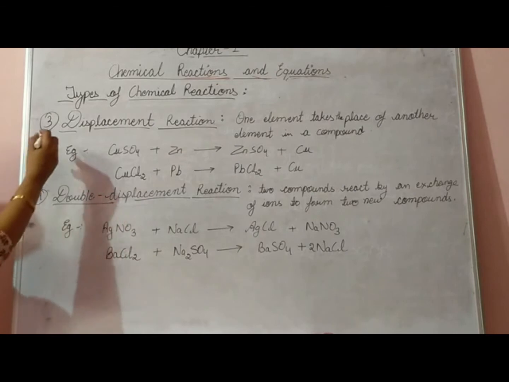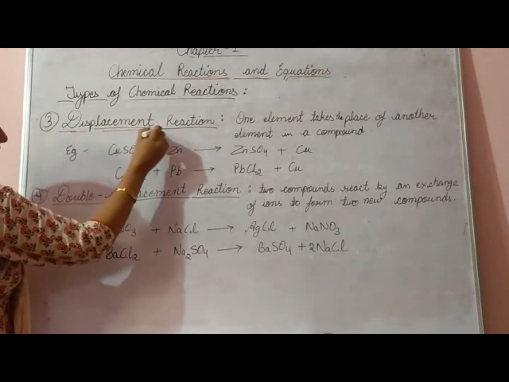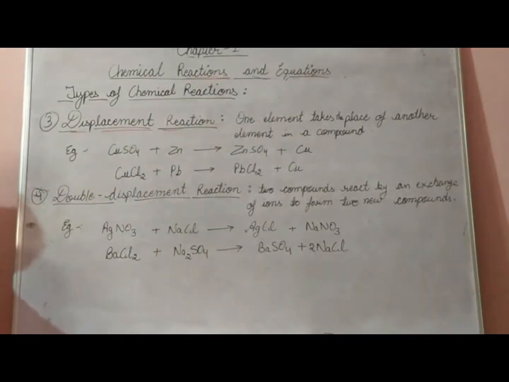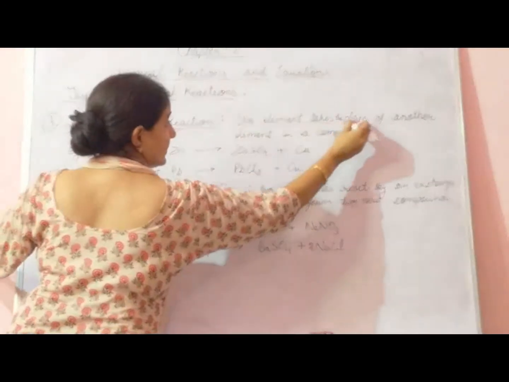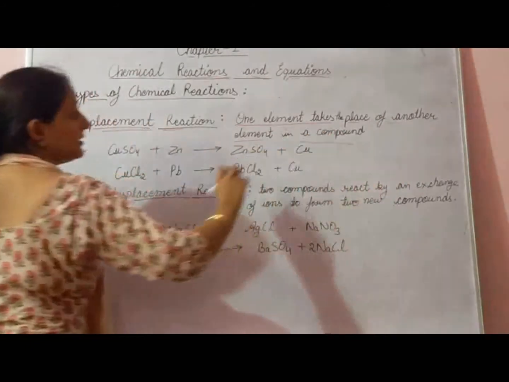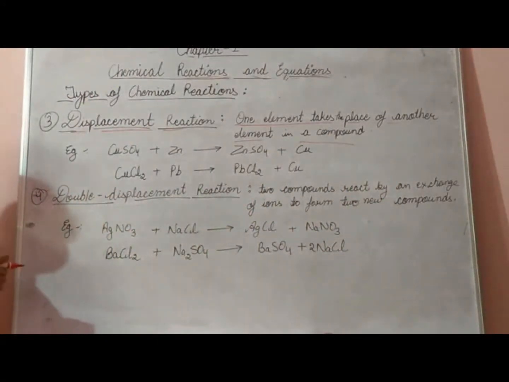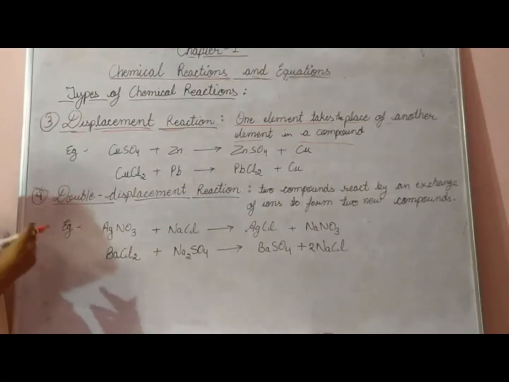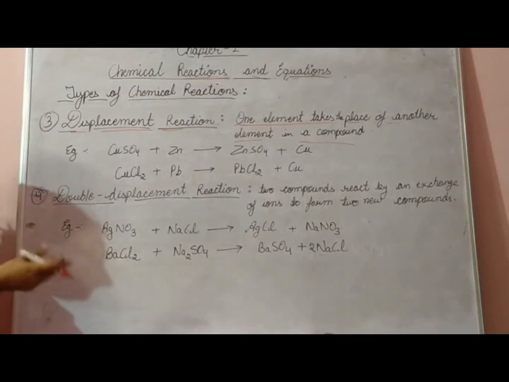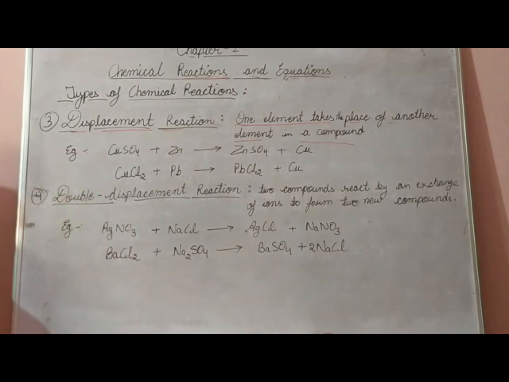Next, the third type of reaction is the displacement reaction. Displacement reactions are reactions in which one element takes the place of another element in a compound. That means in a displacement reaction, a highly reactive substance will replace the less reactive substance from its compound.